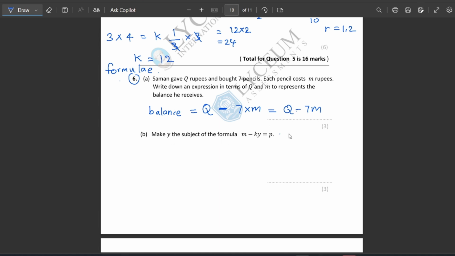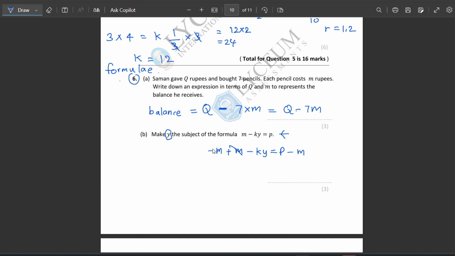Okay, and in this formula we have to make Y the subject. M minus KY equals P. So we have to isolate Y on one side. I want to get rid of this plus M. To get rid of that, I put minus M on both sides.